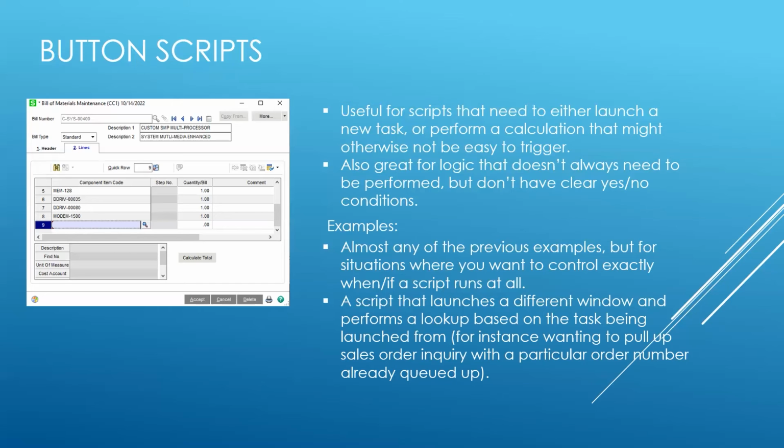It doesn't need to happen all the time, and I don't want it to constantly be happening as I'm going to accept my bill of materials. So I have created a button that just lets me choose when I have it happen. And that is a good example of the way that a button script can be useful, where a business object script might be intrusive.